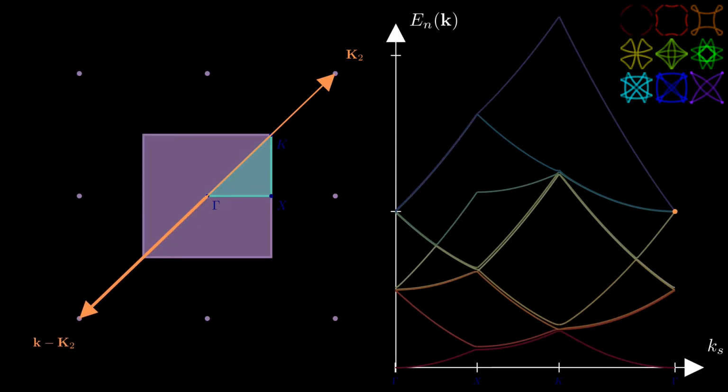This time, it seems that it passed through portions of bands of different colors. Let's look at the other ones.